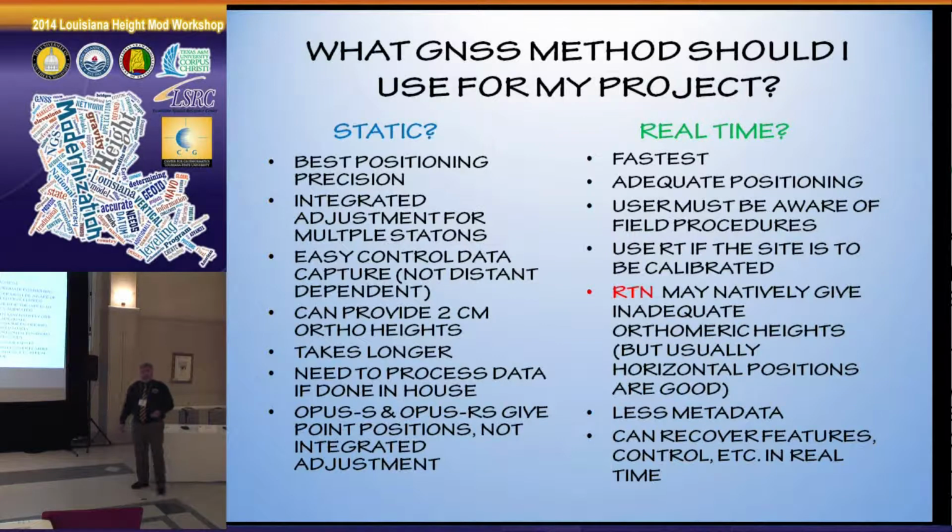OPUS Projects will give you a network adjustment, but of course that has its own set of criteria. You have to take training. You have to have the ability to have tiered access and authority. So it has a number of things that you're going to have to play with in order to use that.